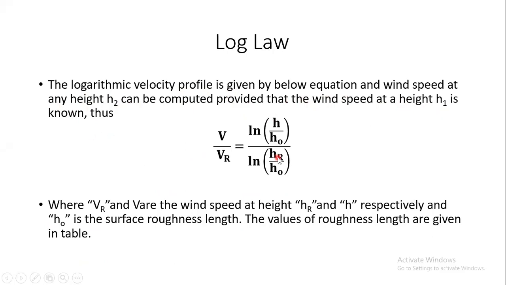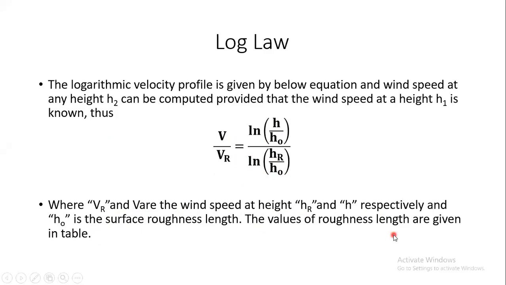The formula is V over VR equals ln(h over h0) divided by ln(hR over h0), where V and VR are the wind speeds at heights h and hR respectively. The h0 is the surface roughness length.